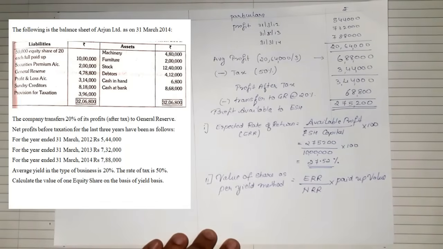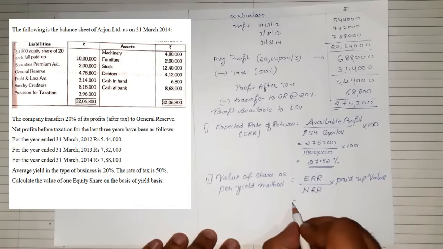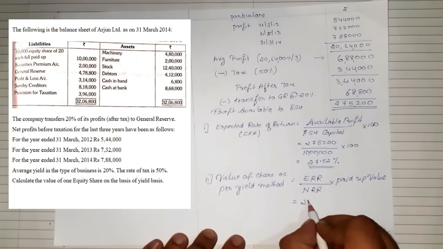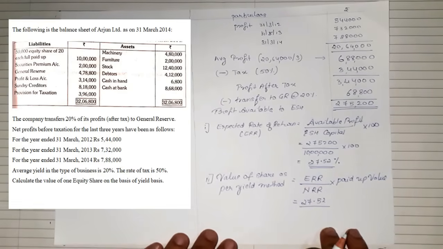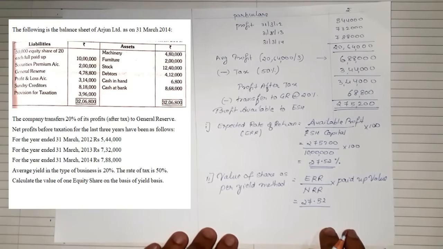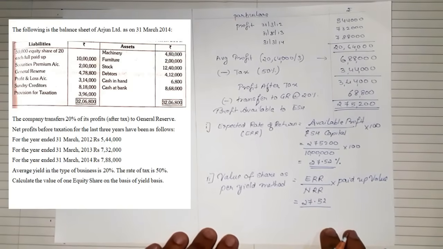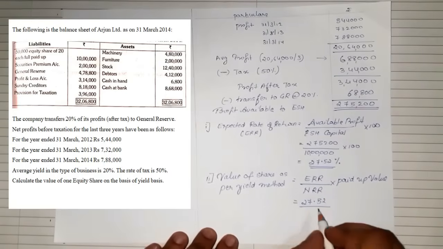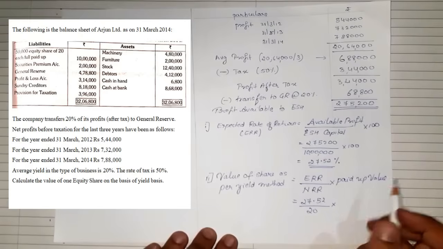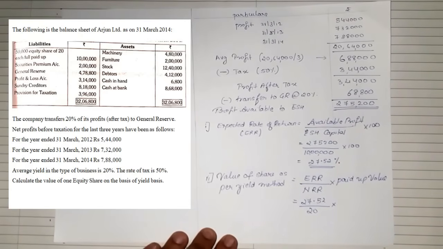Okay, so now our ERR we already found as 27.52. NRR, normal rate, is already given in the question as the normal yield, which is 20%. So we take that as 20, into paid up value. Now in the question the paid up value of each equity share is given as 20 rupees each.